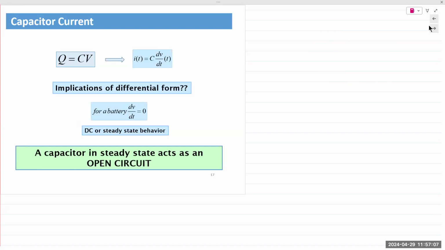At some point, it reaches full charge, Vc equals Vs, electrons stop flowing, current I goes to 0. When it goes to 0, the capacitor behaves like an open circuit. So for DC voltage and current, inductors behave like a short circuit, capacitors behave like an open circuit. This is only after it reaches full charge.